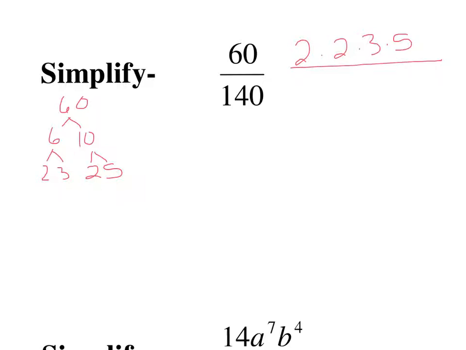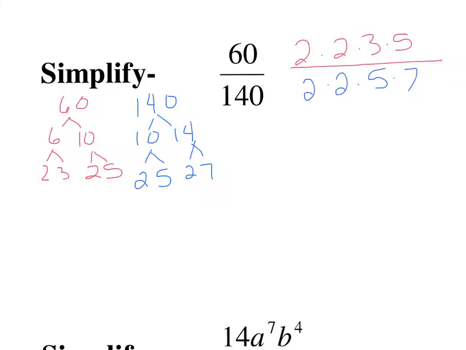For 140, that's 10 times 14. 10 is 2 times 5. 14 is 2 times 7. So we'll have 2 times 2 times 5 times 7. And then we will just reduce the factors that match. And we're left with 3 in the numerator and 7 in the denominator. So 3 over 7.